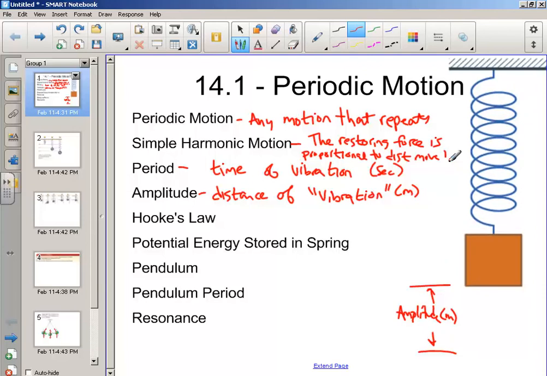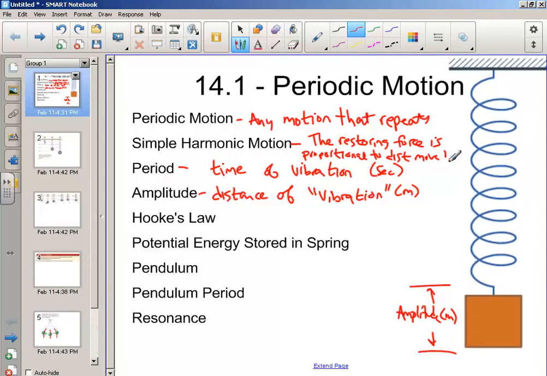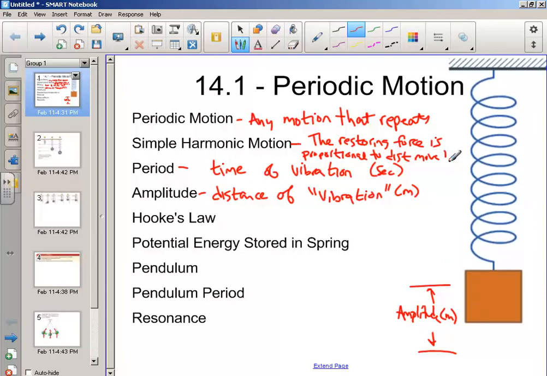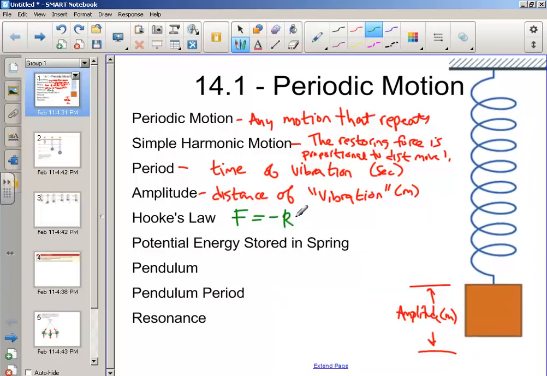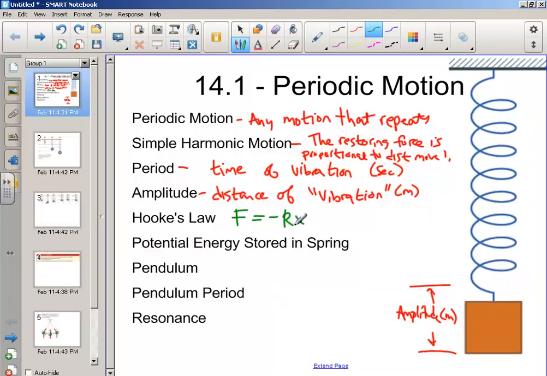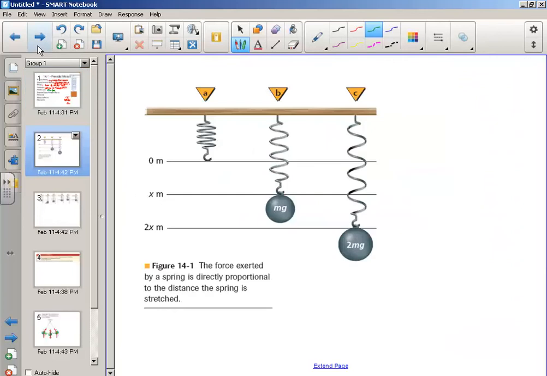Now, Hooke's law relates directly to simple harmonic motion. Hooke's law says this: F equals negative kx. Now I'm going to go over here to the next page and look at Hooke's law. This is an example of Hooke's law.